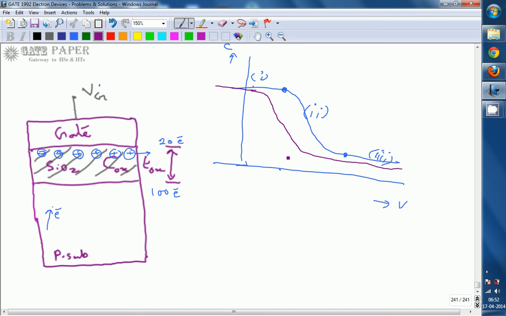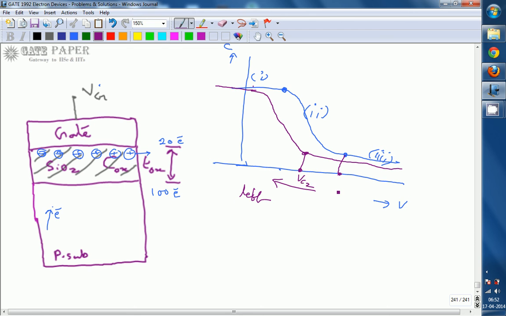This curve shifts towards the left side. The CV plot shifts to the left because you require less gate voltage to get the inversion charge. Previously your inversion charge was present at this point, and now the inversion layer is present at this point.